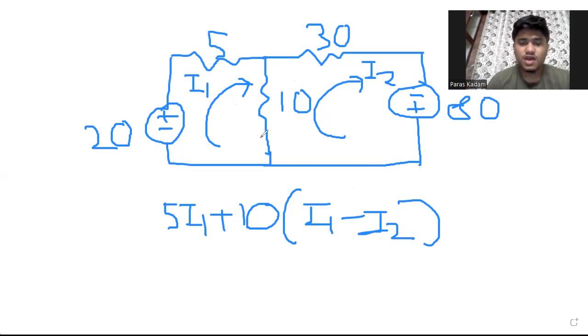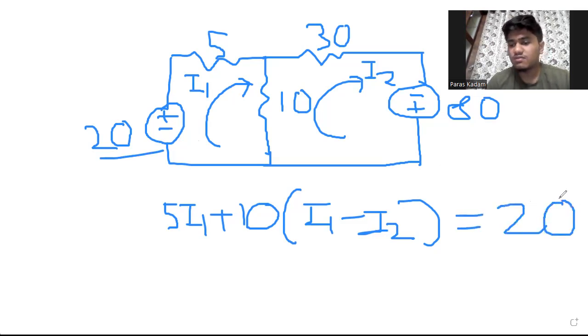Now I have come across the 5 ohm resistor and then the 10 ohm resistor. Now I will pass through the 20 volt source. I will write this 20 volt source towards the right hand side, and I will give it a positive sign because my voltage source is rising. That is, current is flowing from negative to positive according to its direction. Now I will solve this equation.